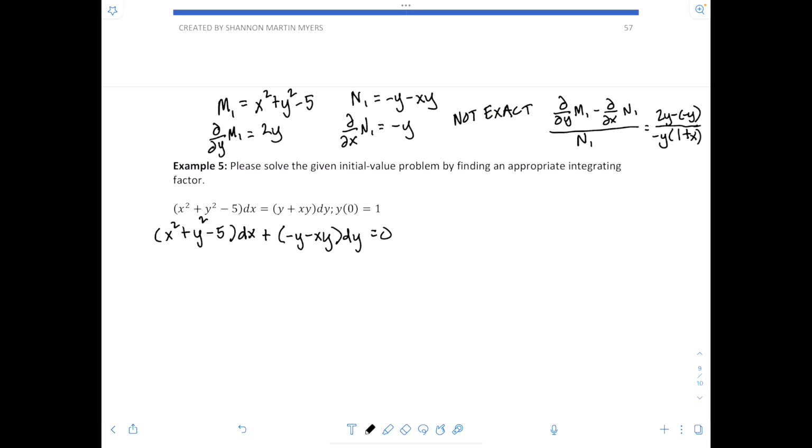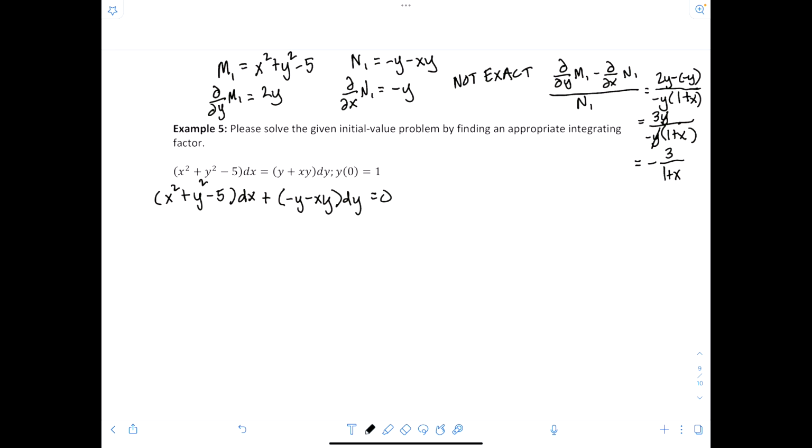Looking good, that will be 3y over negative y times 1 plus x, which in turn will give us a function of x alone. Woohoo! The y's divide out, don't lose that negative, so we'll have negative 3 over the quantity 1 plus x.